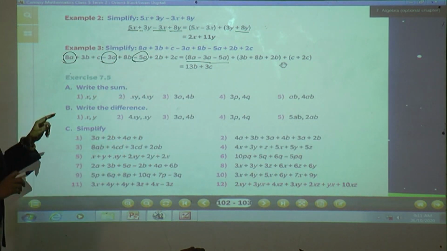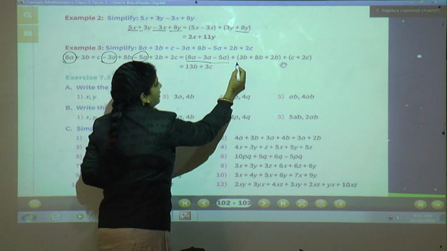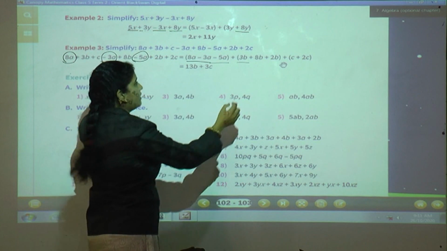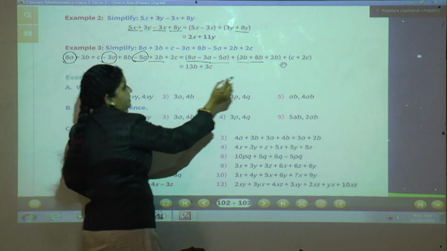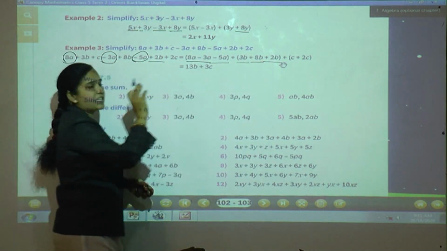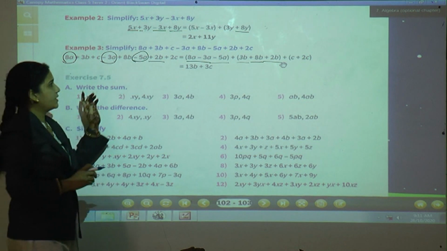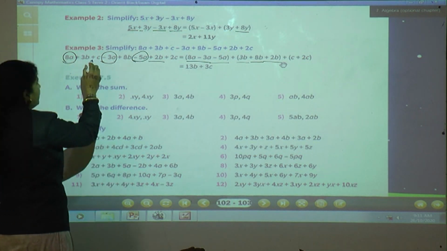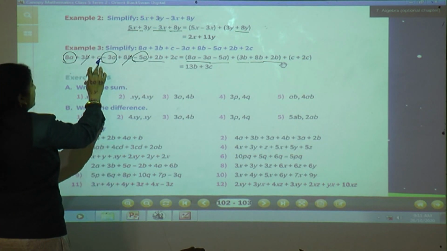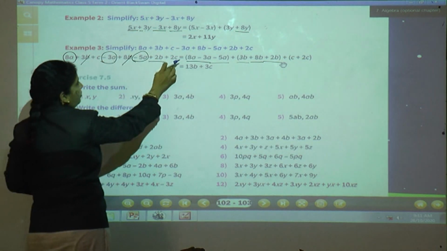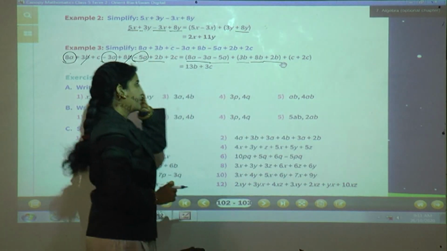Now 3b, so plus 3b; 8b is having a plus sign, and 2b is also having a plus sign. As per the expression, just write the operation, plus or minus. Now what is remaining? Here c and plus 2c. So write c plus 2c.